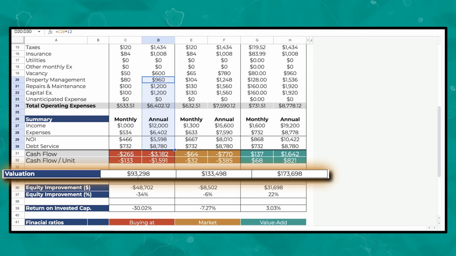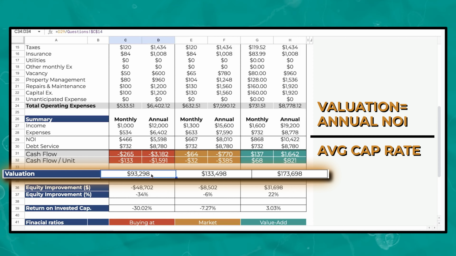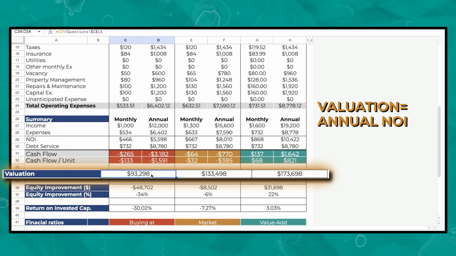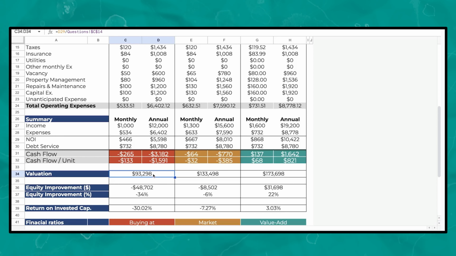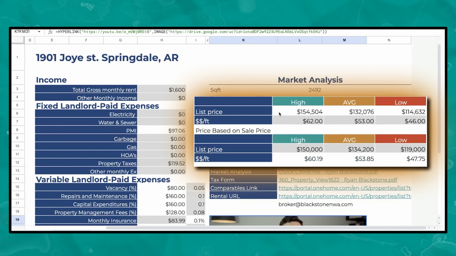Now, the valuation is basically saying what they think the value is at the current cap rate with the numbers that are provided, right? So it's saying technically this was worth $93,000. If I'm just strictly talking about what I'm buying it at for a cash flow perspective. This is different than if you go back onto the questions tab and you look at what things are actually selling for, right?